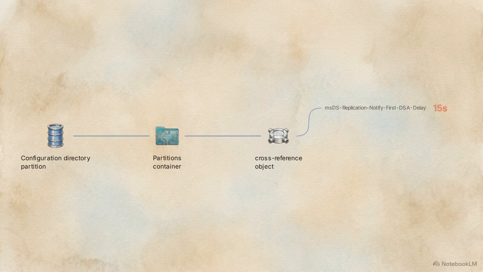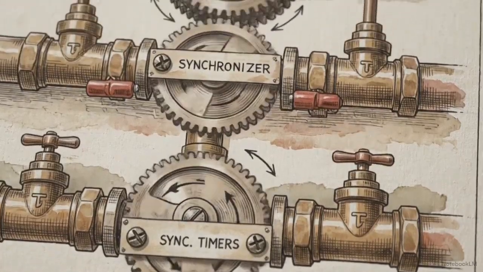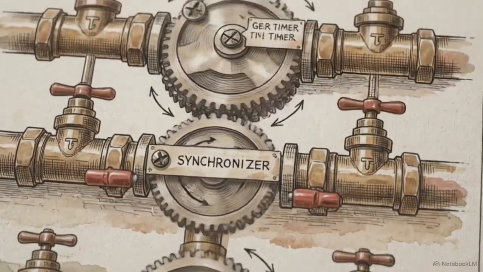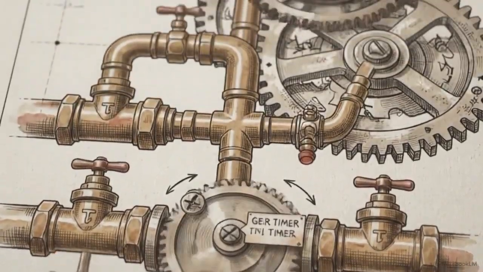The attribute managing sequential partner updates is labeled msDS-Replication-Notify-Subsequent-DSA-Delay. Its default value is highly compressed, dropping the wait time to exactly 3 seconds. By attaching these new attributes directly to the cross-reference object, Windows Server 2003 enabled granular, highly responsive synchronization parameters uniquely tailored to the individual needs of each partition.